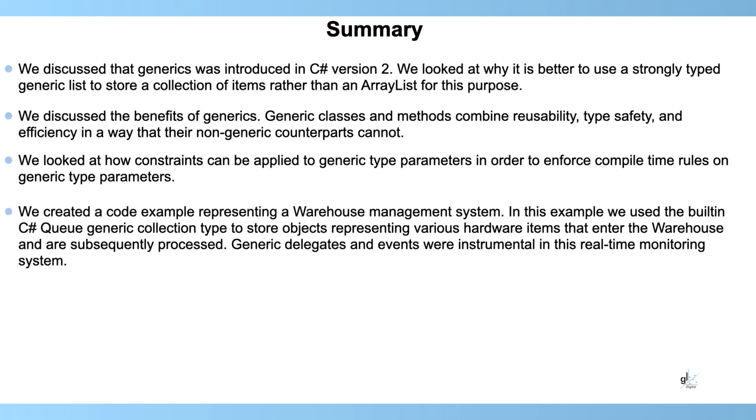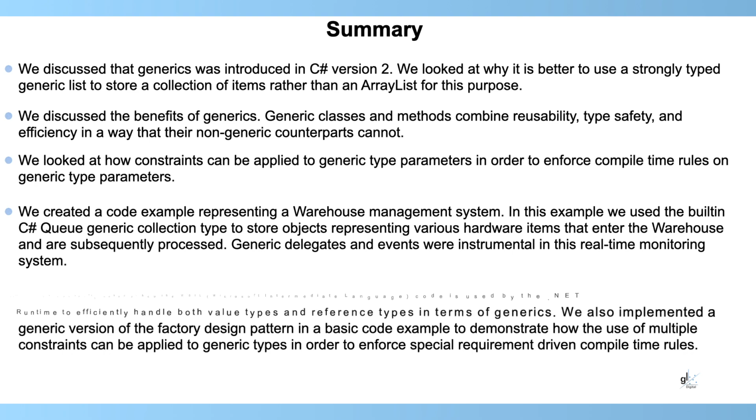In this example, we used the built-in C# generic queue collection type to store objects representing various hardware items that enter the warehouse and are subsequently processed. Generic delegates and events were instrumental in this real-time monitoring system.